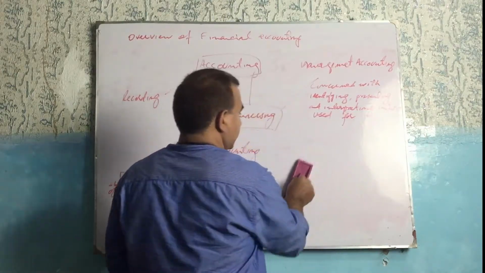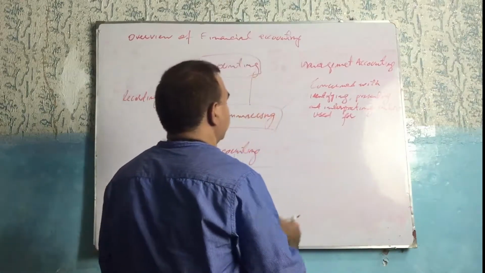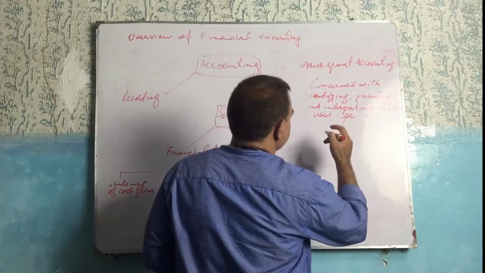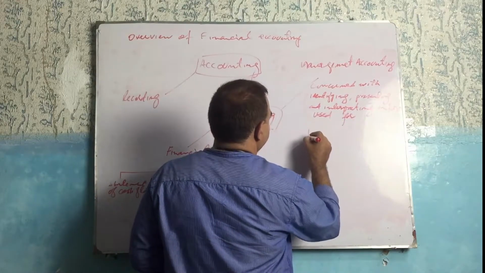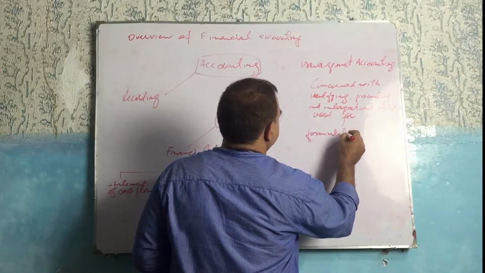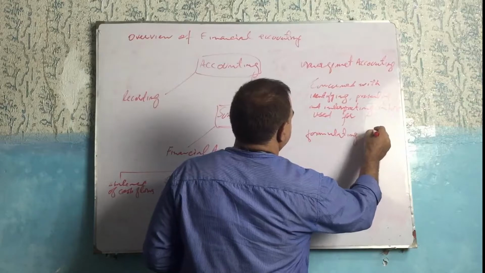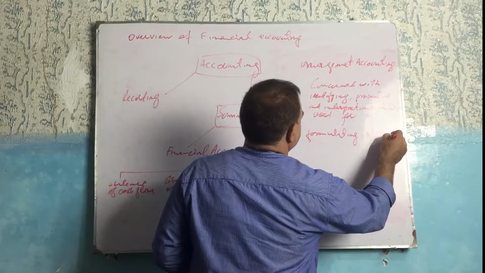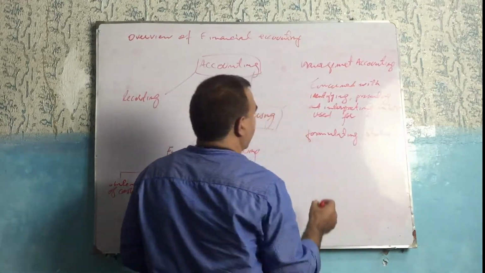So this will be basically they will be used. This is controlling, all these is for business management activities. So based on this information, they will be doing these things, formulating strategy. Strategy is basically long-term plan.